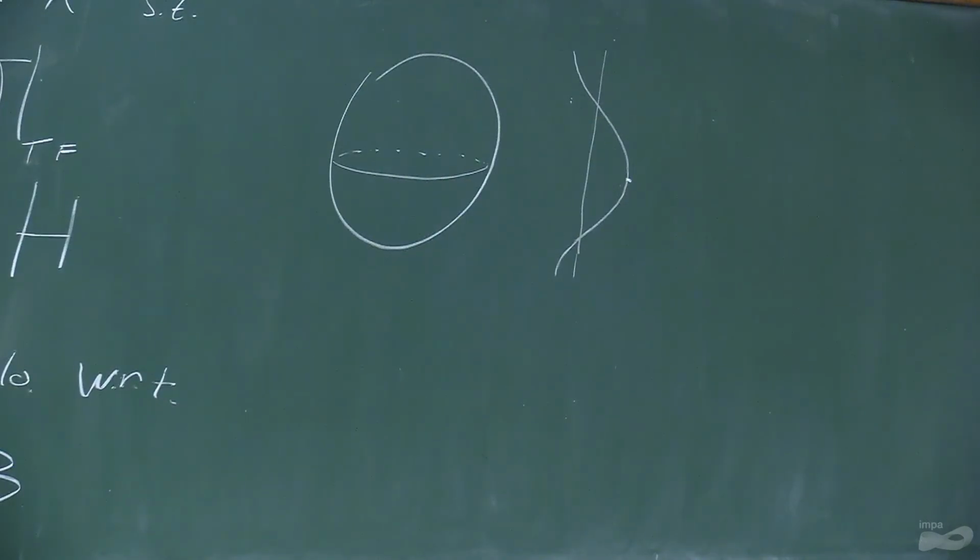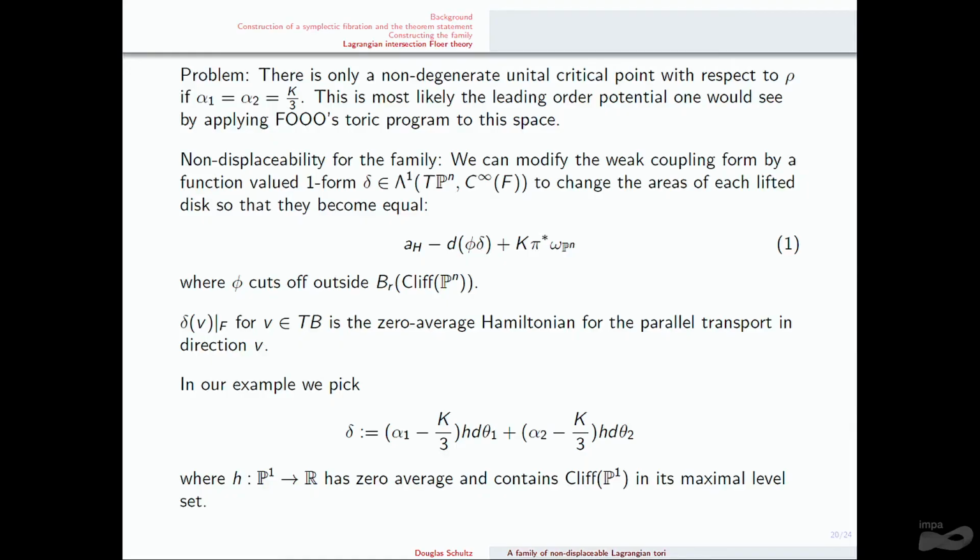So it's still Lagrangian with respect to this form, because if you take dH, you get zero on the Clifford fiber. These are the moment coordinates, and these are the angle coordinates in the base. Then you check that it's Lagrangian, and you adjust R and the cutoff function so that you still have a symplectic form without changing K.